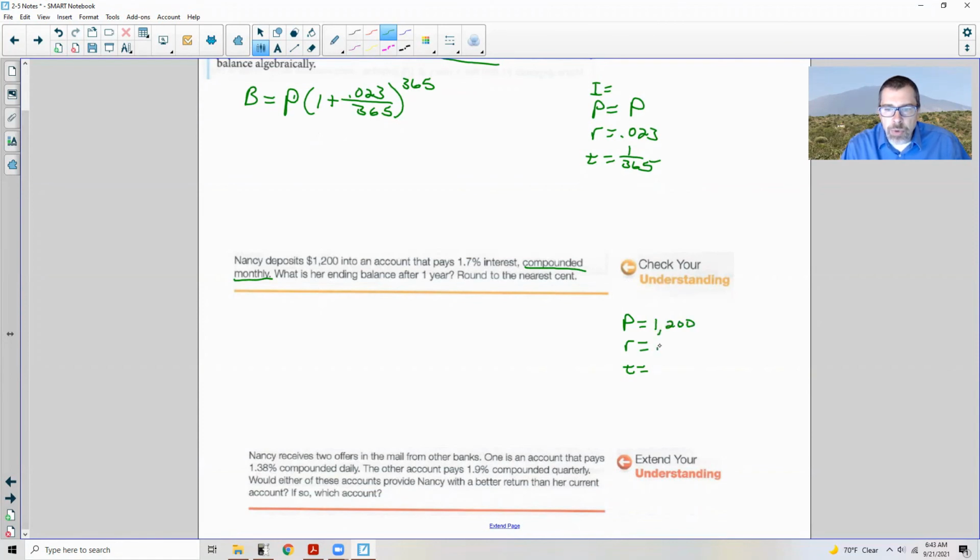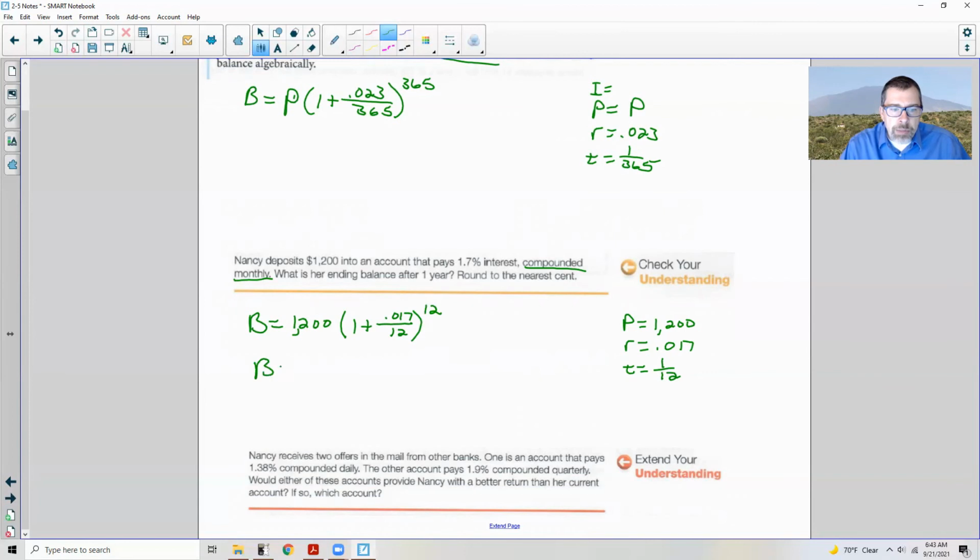The rate is 0.017, and the time, compounded monthly, is 1/12. So I'm going to say my balance is going to equal principal times 1 plus 0.017 over 12 to the power of 12.